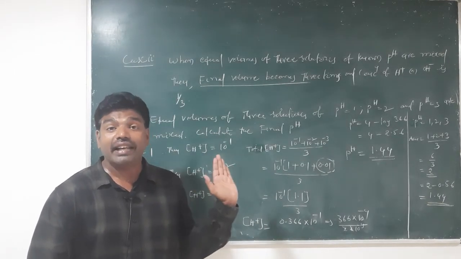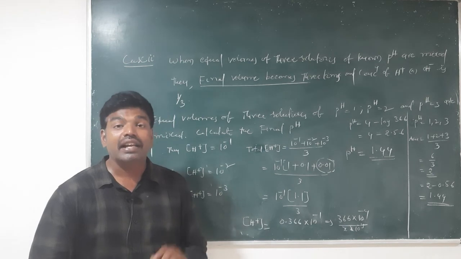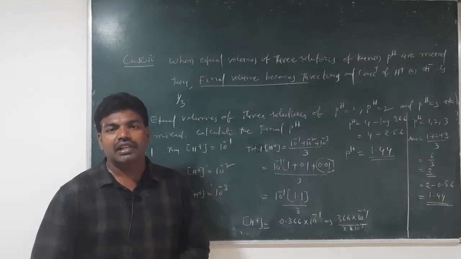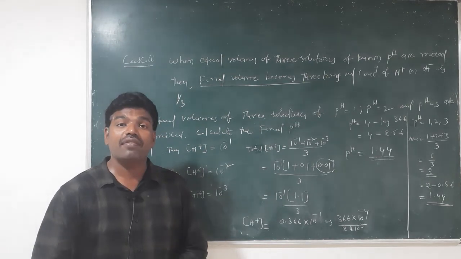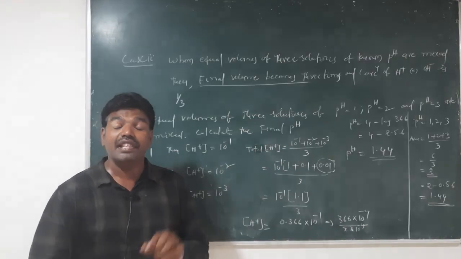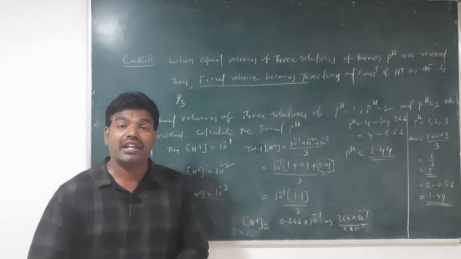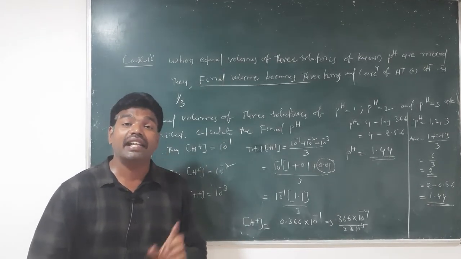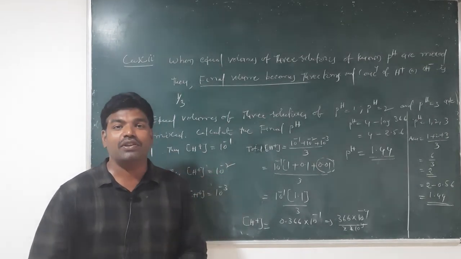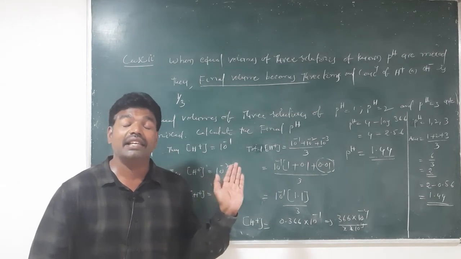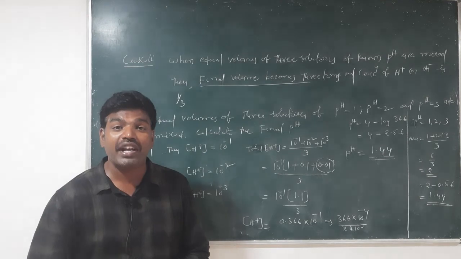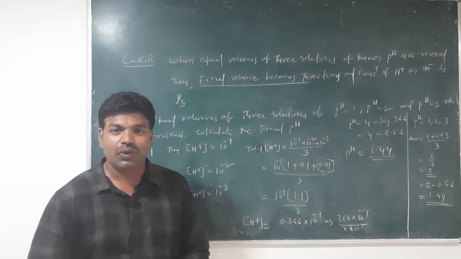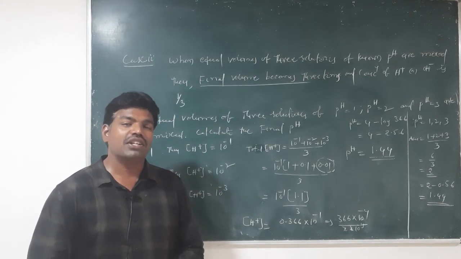For that, the shortcut is: if the given 3 pH values differ by 1 unit, then take the average of the 3 pH values and subtract 0.56. Okay, so this is the shortcut.